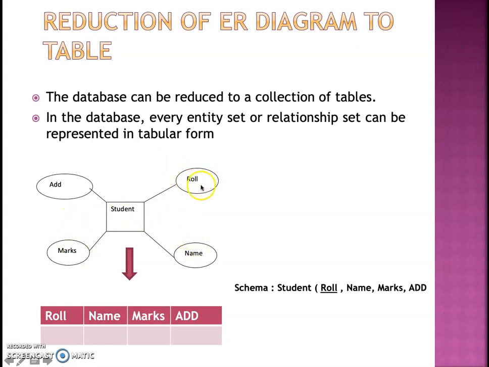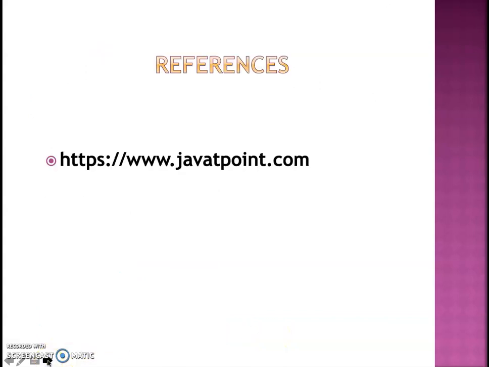It can have a primary key. It can have many attributes. All that can be converted into a schema called student: roll, name, marks, admission, etc. So these are converted into a table. An entity can be converted into a table. All the entities similarly can be converted into different tables, and a relationship between the entities can be created in a DBMS. Thank you.